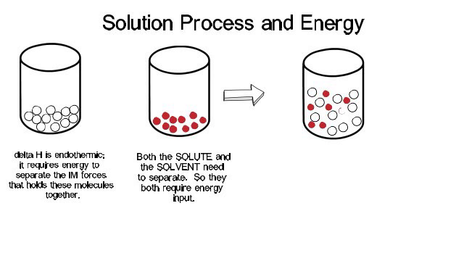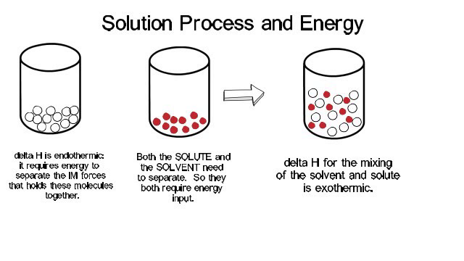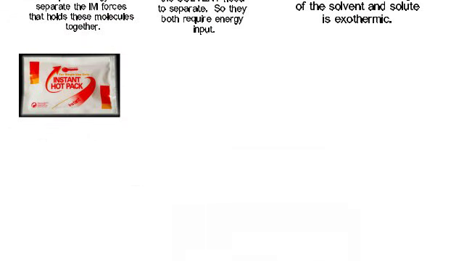So here the molecules are mixing. So delta H for the mixing of the solvent and the solute is exothermic. Now the combination will determine whether it's overall exo or endothermic.